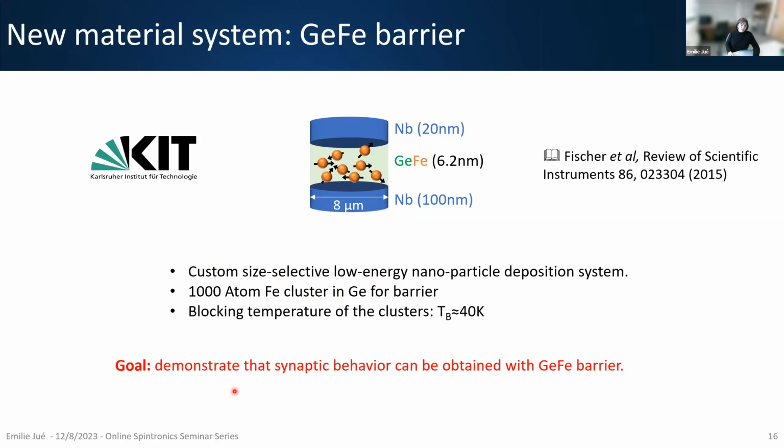I would like to highlight the fact that before this study, the synaptic properties of the nanoclustered magnetic Josephson junction had been observed on a single material system, which was a silicon manganese barrier. And our first goal here is simply to demonstrate that we can obtain the synaptic behavior in a new material system, which is here the germanium iron barrier.